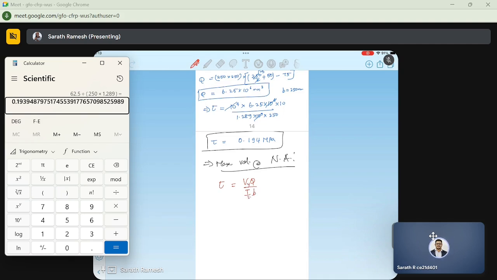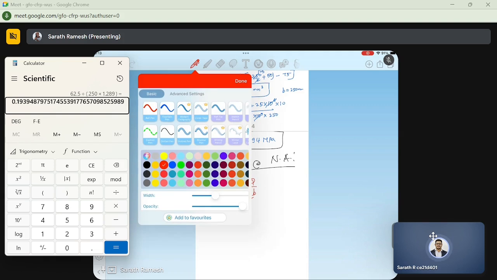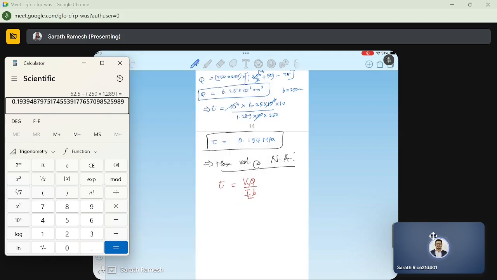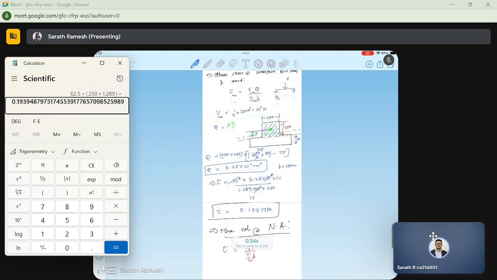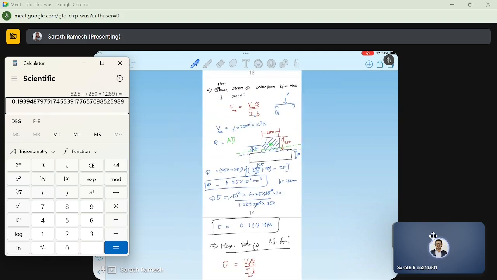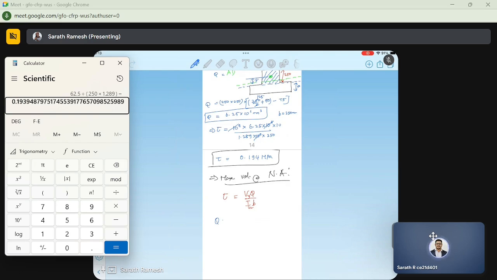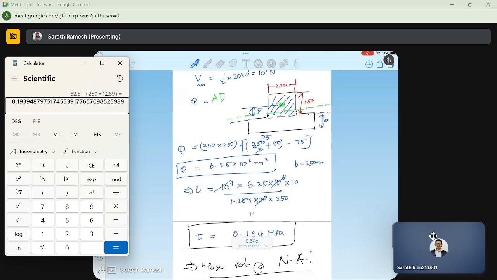Vy is the same, Izz is the same, and the neutral axis is at 75 mm above, right? So B is the same, but Q will differ. How do we find Q now?